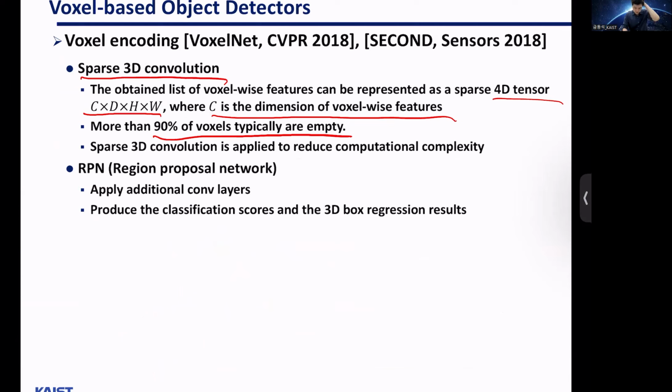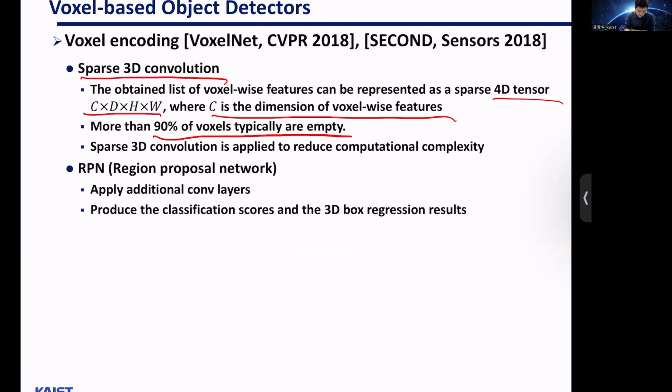Why do we compute the feature extraction for these empty spaces? That's not very efficient. So what people proposed was sparse 3D convolution.